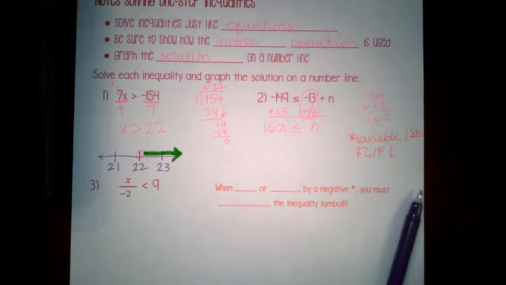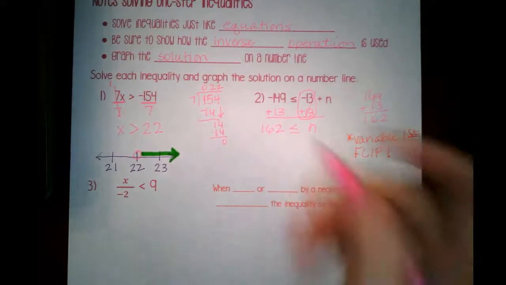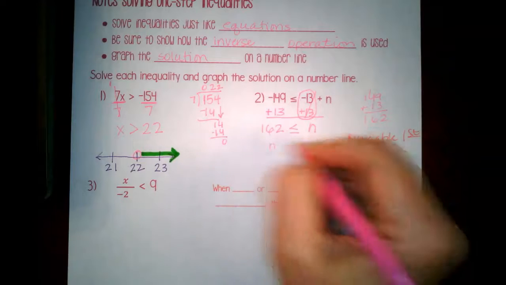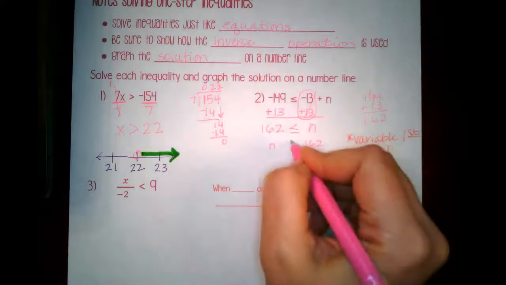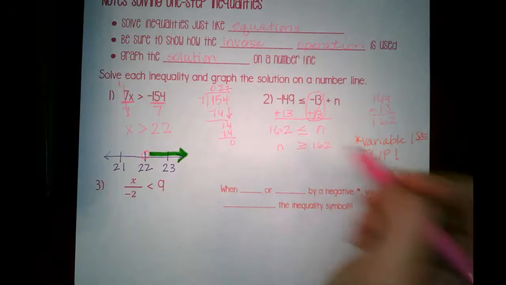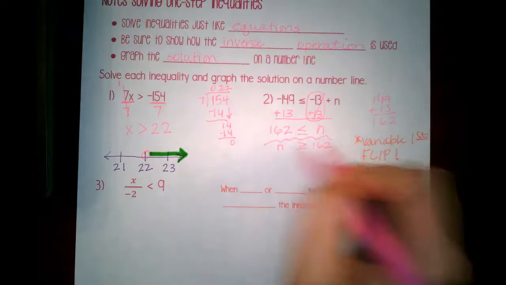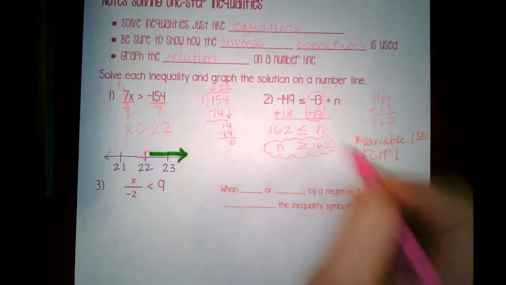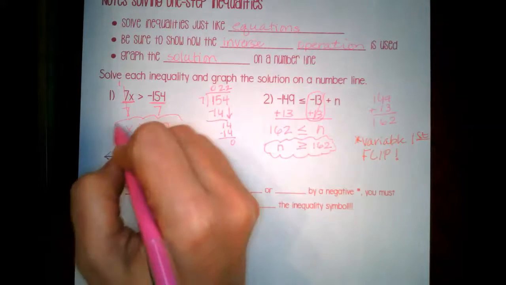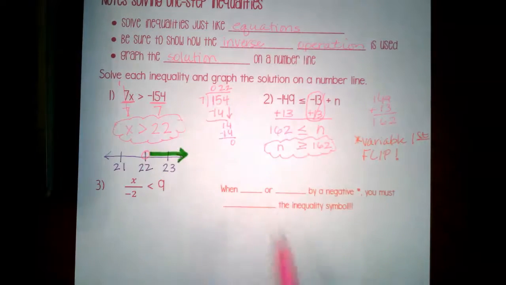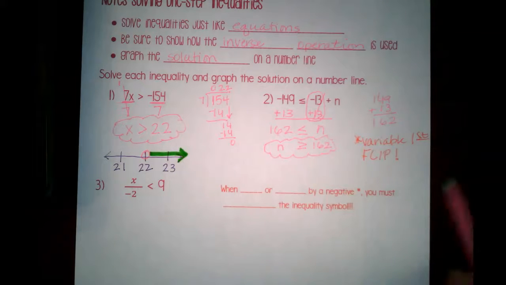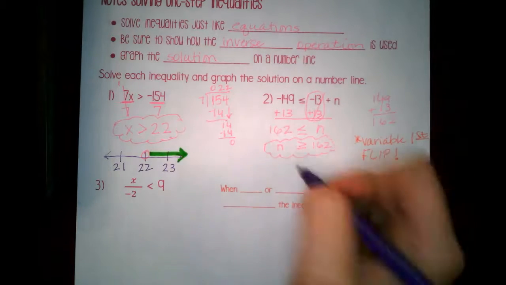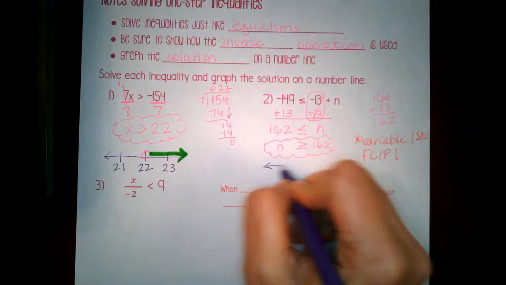And your solution will then be n, and 162 is over here, and we're going to flip this symbol as well. N is greater than 162, so I need to box that. I forgot to do that over here. When you get into higher math classes, your teachers are only going to look at your graph anyway, but that's not what we're doing, so make sure you box your final solution.